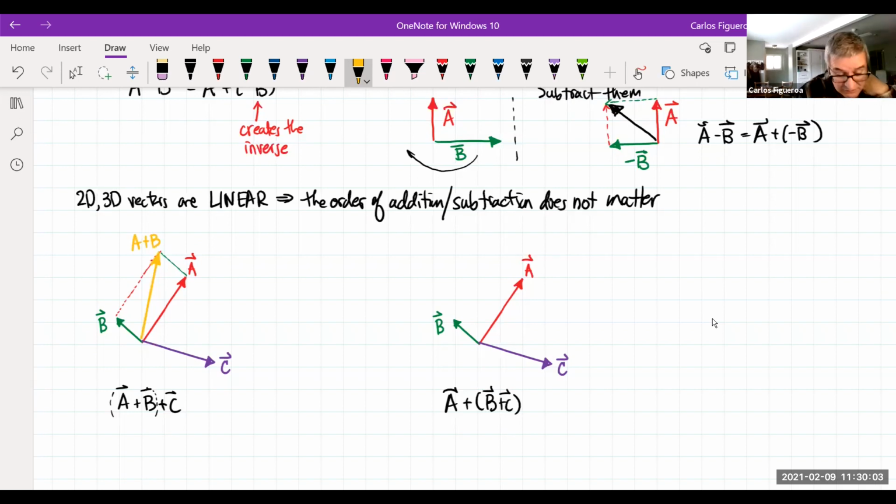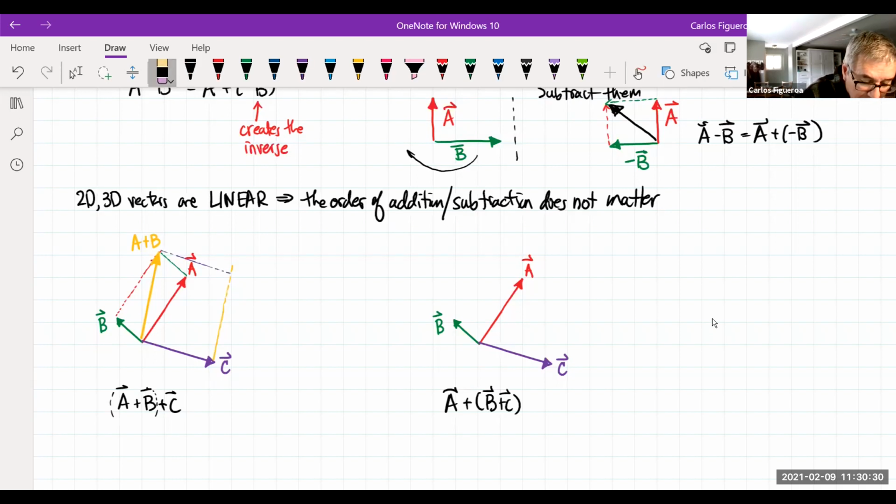Now I'm going to add A plus B to C. If I do that, it's going to look something like this. I'm going to just get some arbitrary length that looks like it's parallel to me. And now I'm going to do the same thing with the violet.